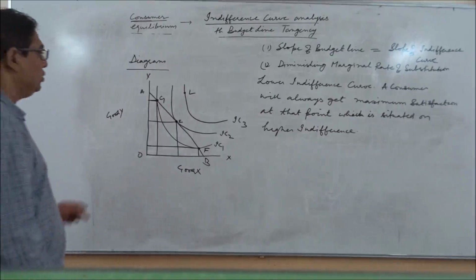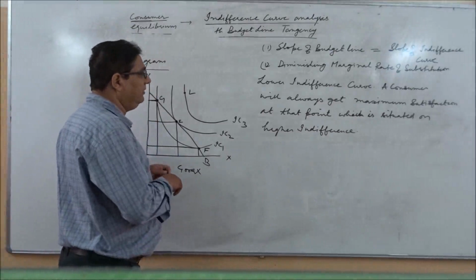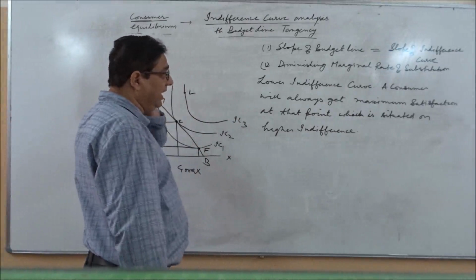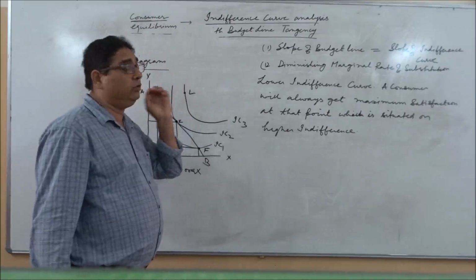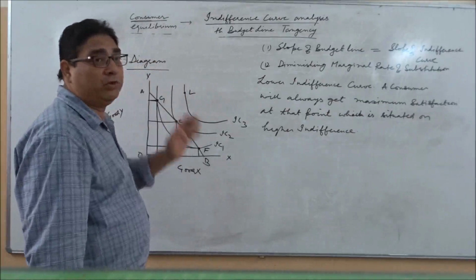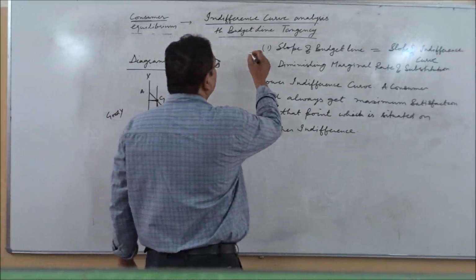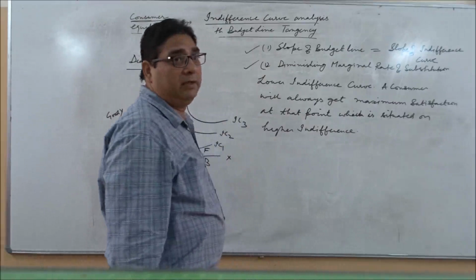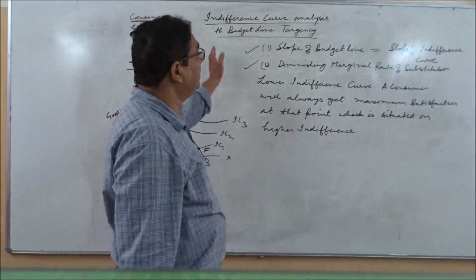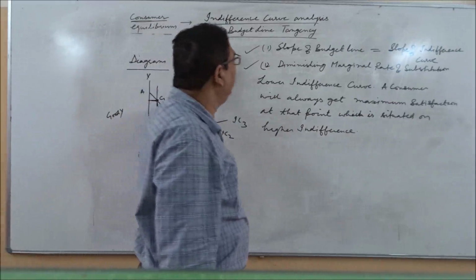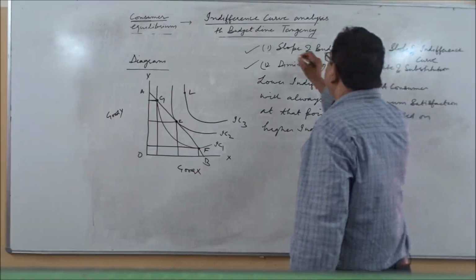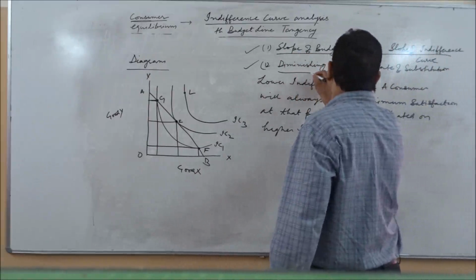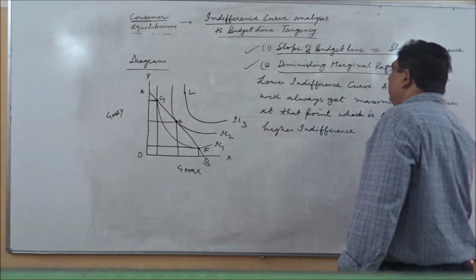So we can also explain it with the help of the diagram. These are the two important things we should remember in indifference curve analysis with the help of budget line in the purchase of commodities. Slope of the budget line is equal to slope of the indifference curve, and diminishing marginal rate of substitution.